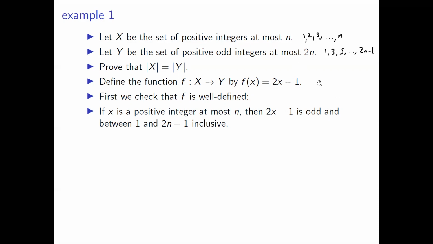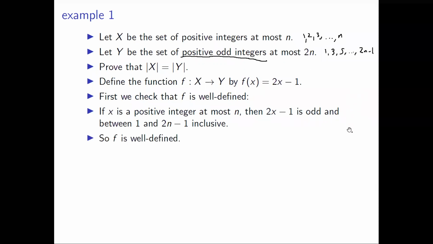And 2n minus 1 is what you get when you plug in n for x in 2x minus 1. So this means our function is well defined because the output 2x minus 1 is an odd integer that is at most 2n, and it's a positive odd integer specifically because it's at least 1.